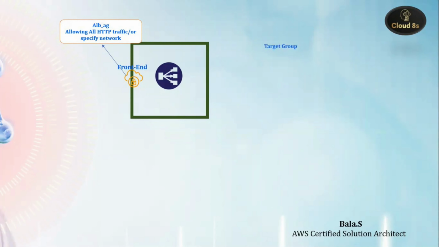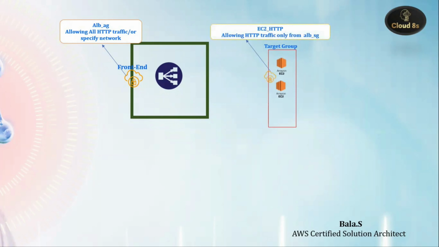In the back end we have two EC2 instances, and on the security group level we are allowing traffic only from the application load balancer's security group. In the application load balancer, we have configured the listener on port 80, and we have connected the backend EC2 target.